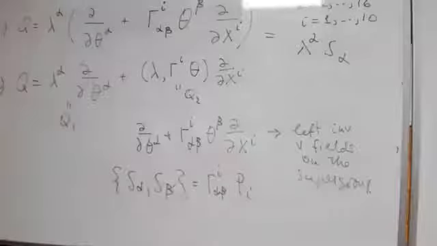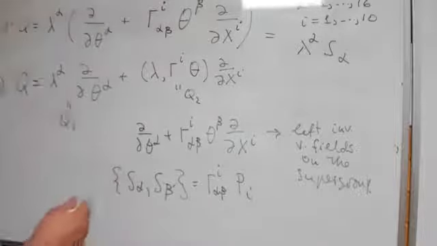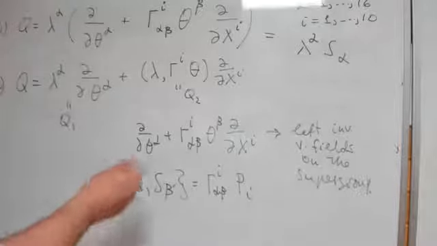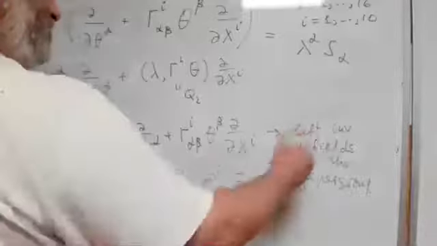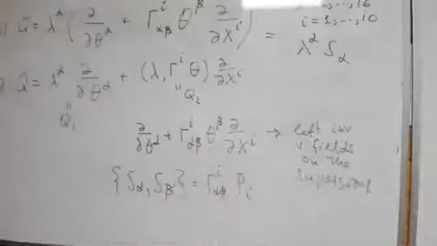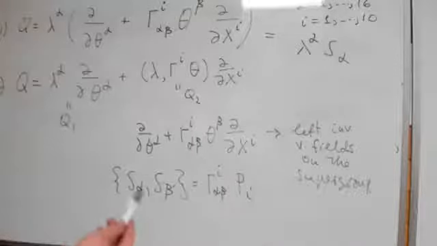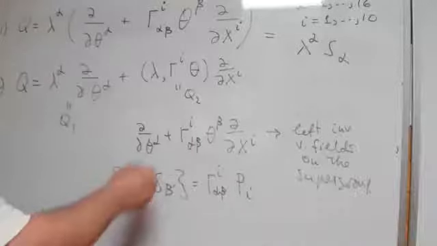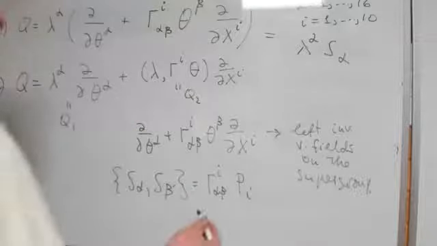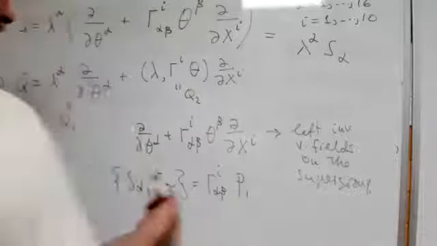What is interesting? It's interesting that these are left invariant vector fields on the supergroup. So how to get this vector field? Here you have a Lie algebra.